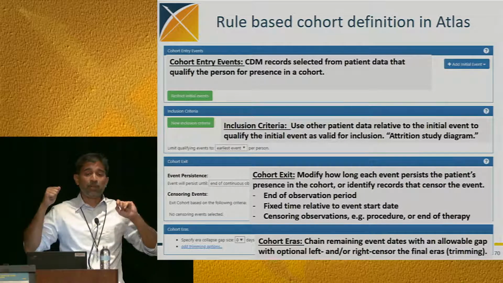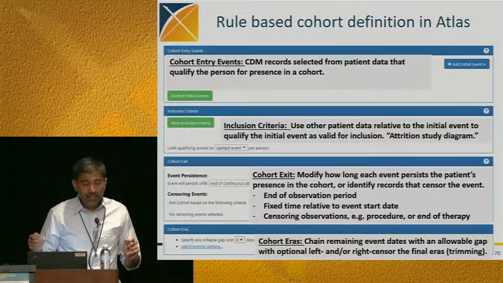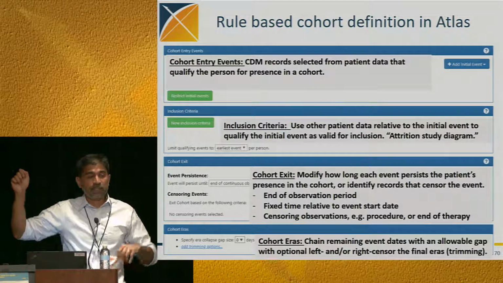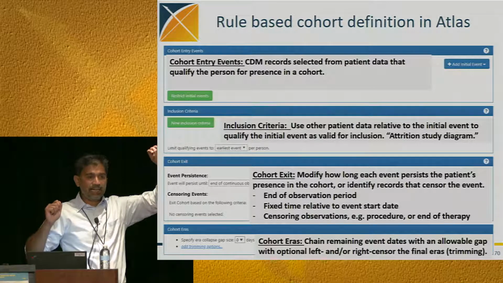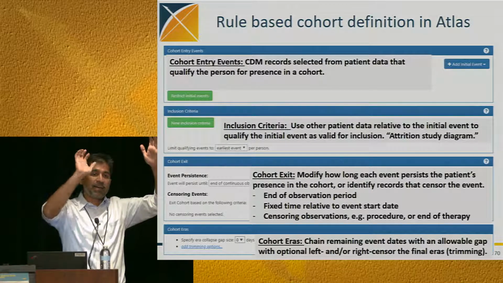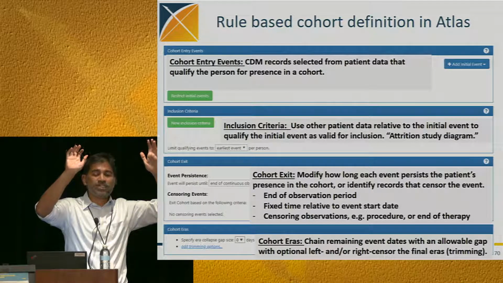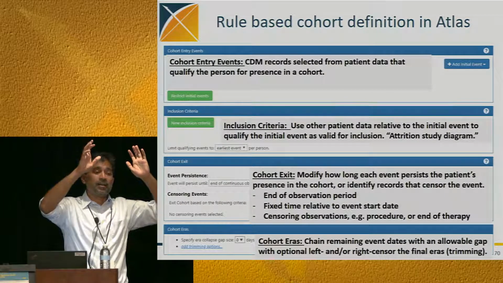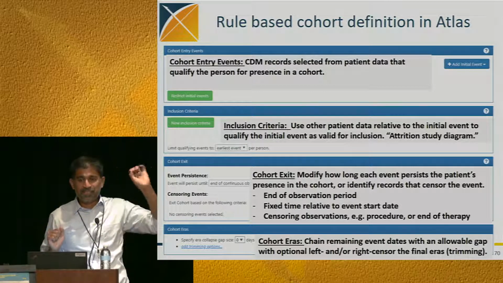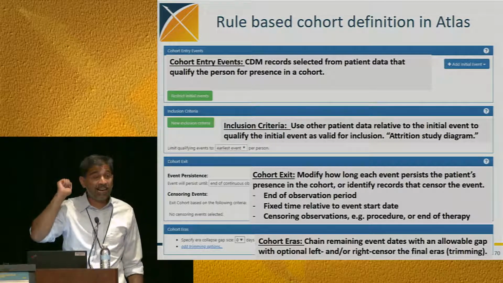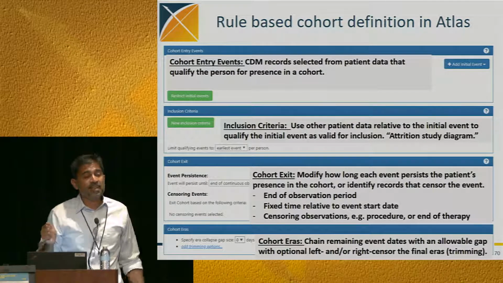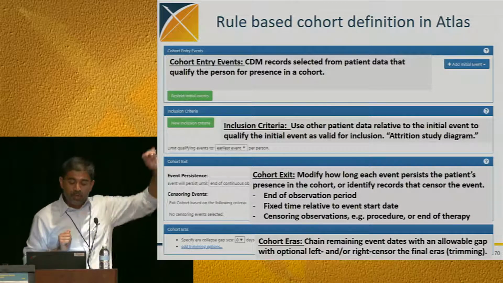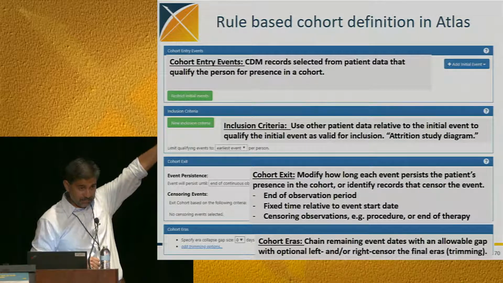So if you pick the people who are on the drug warfarin, then you will say, I want to query all the people who have the drug concept of warfarin, and then you will get person ID, which is the person who got the drug, and a drug exposure start date. You could also get drug exposure end date. But the event is person ID and drug exposure start date. That start date is their initial event. So all of the dates that the person got the drug exposure will be part of the cohort entry event.